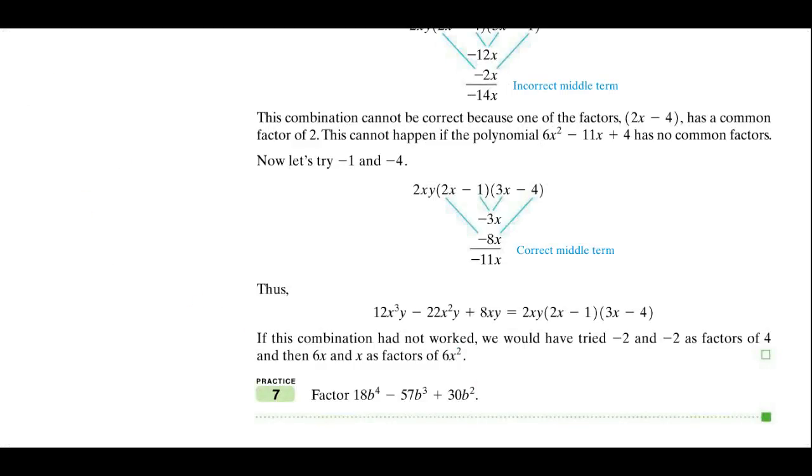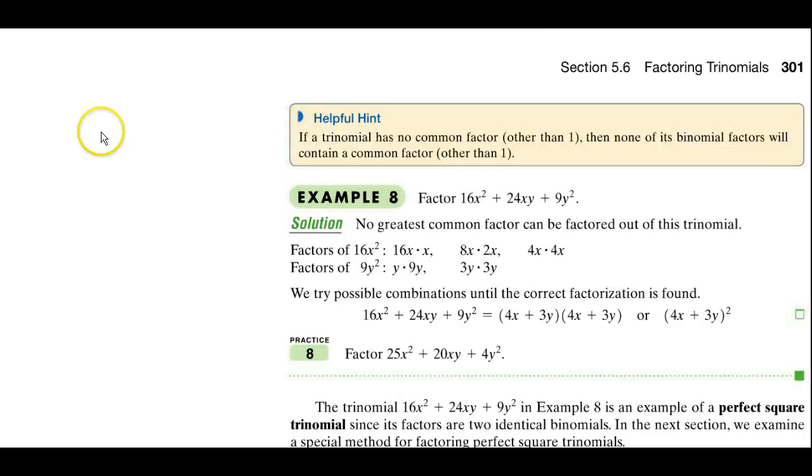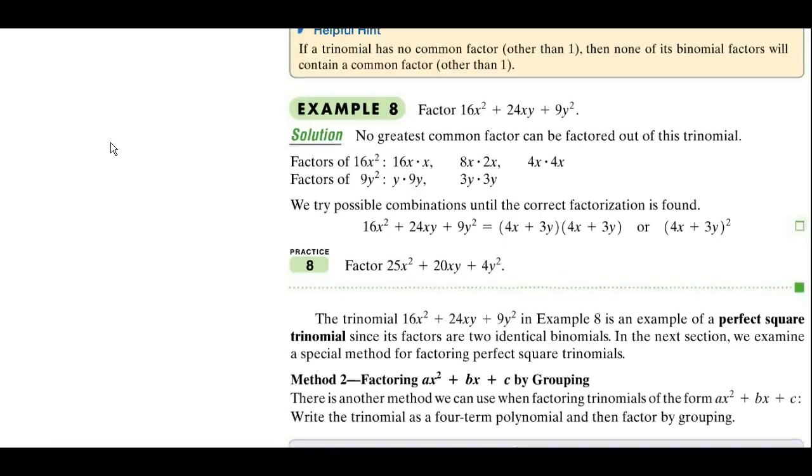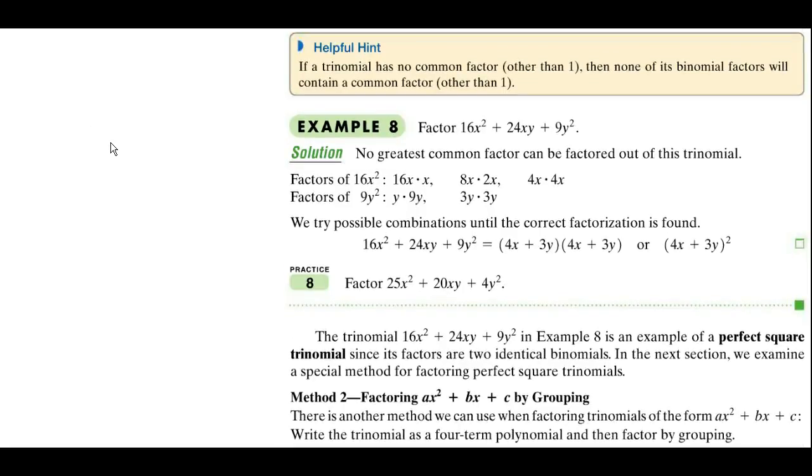Now we're going to do a lot of practice in our mini lecture program, so we will continue here. If a trinomial has no common factor other than 1, then none of its binomial factors will contain a common factor other than 1.